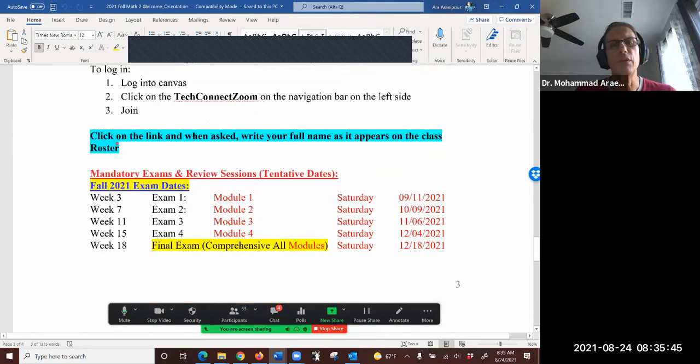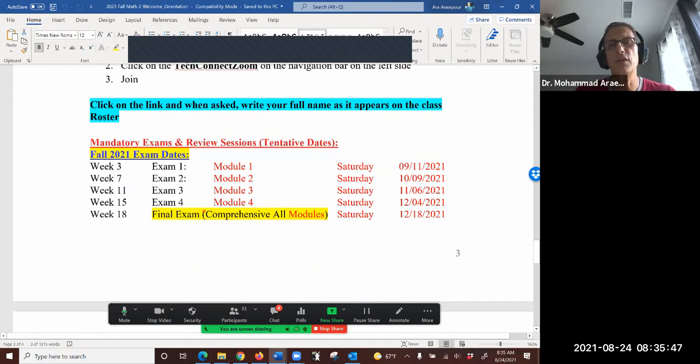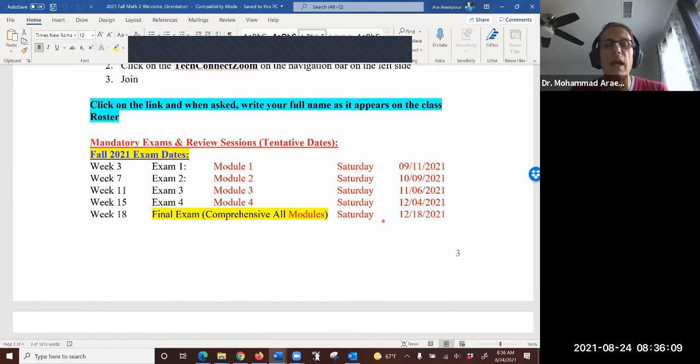When you scroll down, here's basically the schedule. The first exam is coming up in about 3 to 4 weeks. Every 4 weeks or so, we have an exam. Although the original meetings were set up for Tuesdays and Thursdays, and I will have office hours during those times, I have set up the exam for you to be taken on Saturdays.